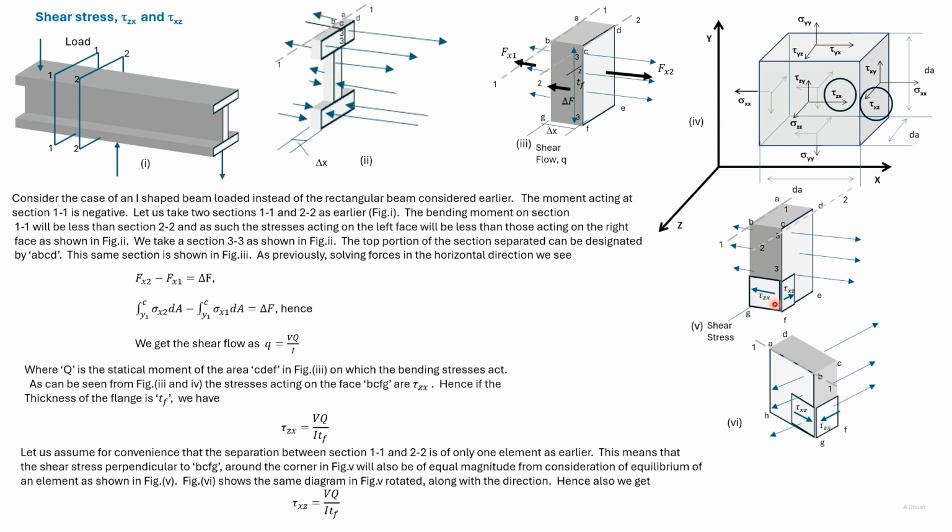Since in this element these two shear stresses are of equal magnitude, we can write tau xz is equal to VQ divided by I into the thickness of the flange. In this figure, this portion has been rotated, so we can give the direction of tau xz on section 1-1. Here it was shown on section 2-2.